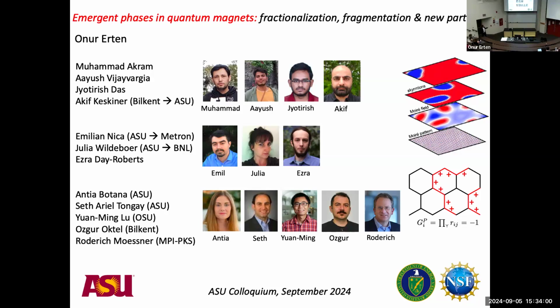Also, we have a visiting graduate student, Akif, visiting from Bilkent for 1 year. We had two excellent postdoctoral researchers, Emil and Julia, who was here for about 3-4 years, and Emil moved to industry, and Julia has a permanent position at Brookhaven, and Ezra recently joined.